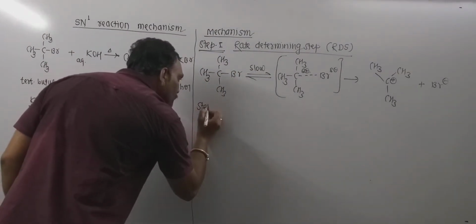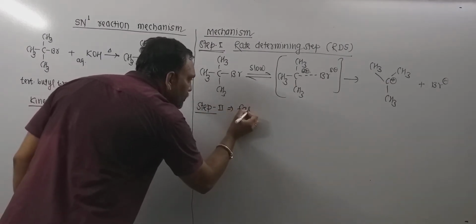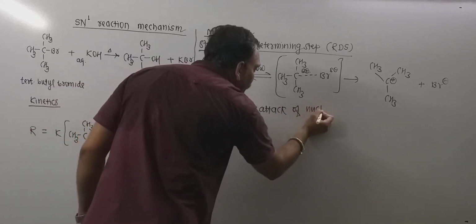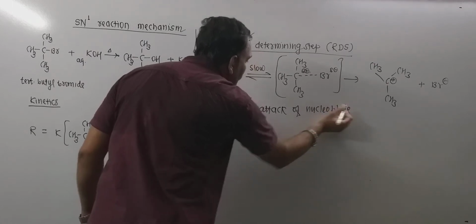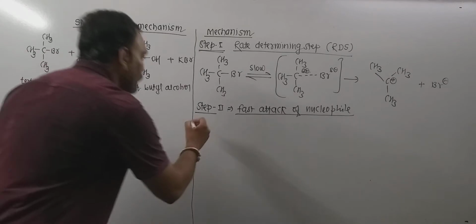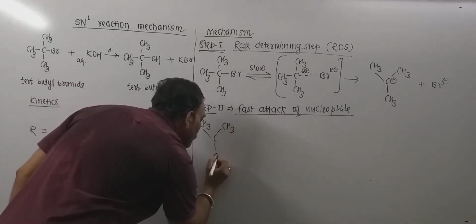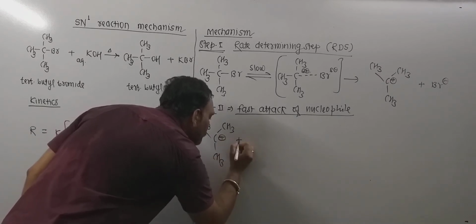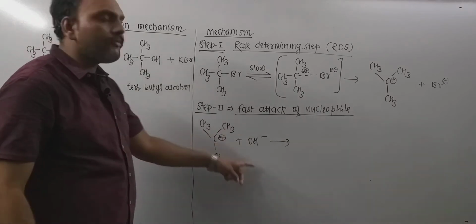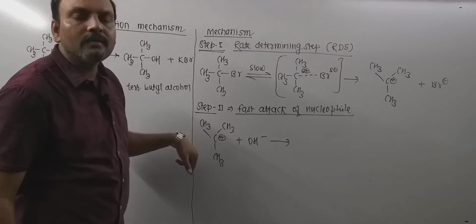Now crucial step number 2, that is in the second step, fast attack of nucleophile takes place on tert butyl cation, which happens to be planar. So the tert butyl cation, which is formed in the very first step, being planar, gets attacked by nucleophile from either side, that is from front side as well as from back side.